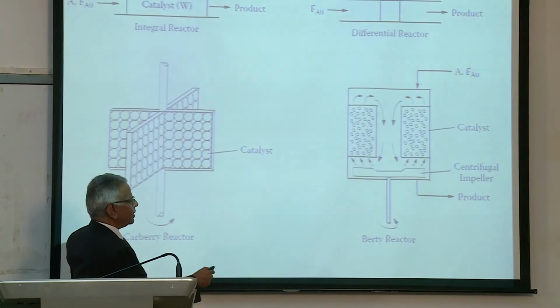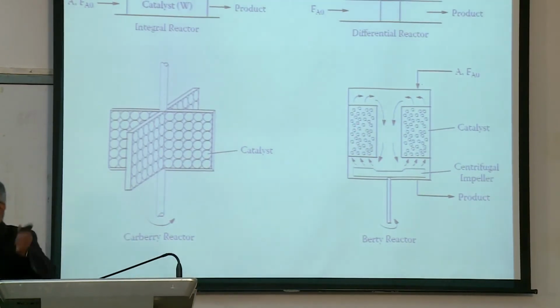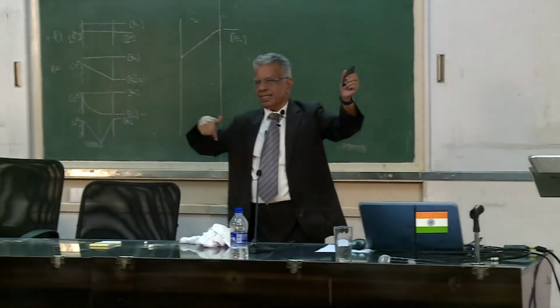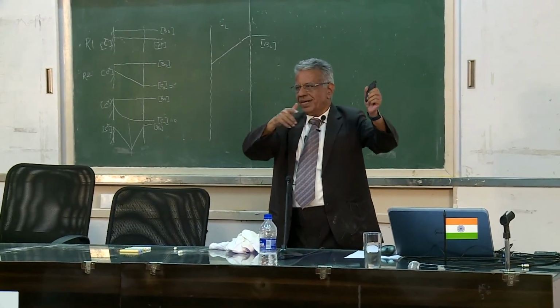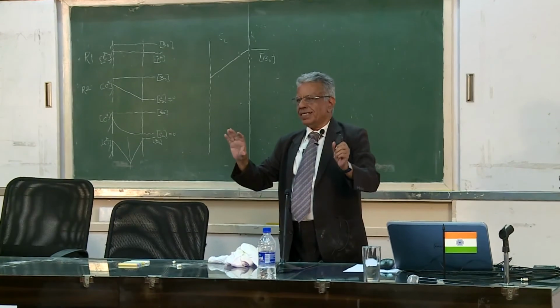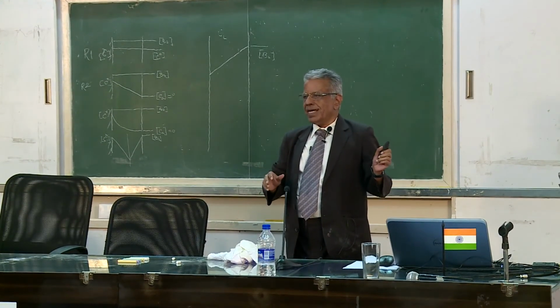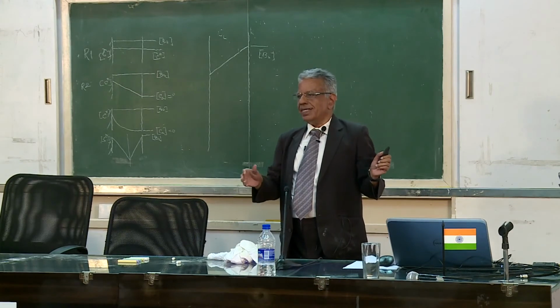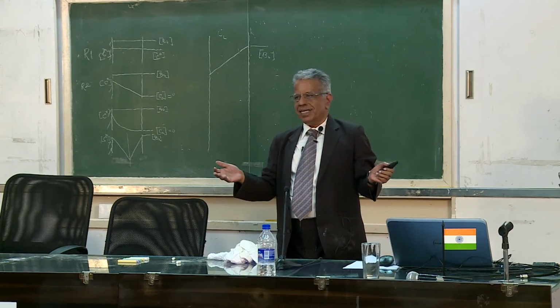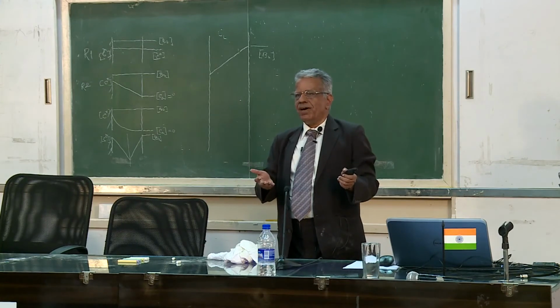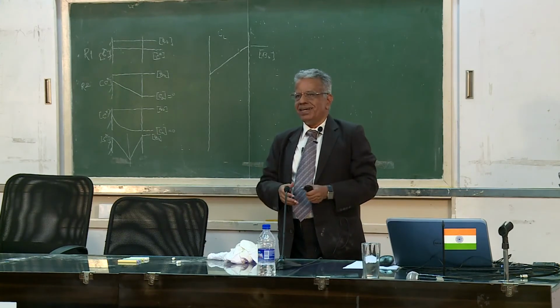Can you imagine this? There is a cylindrical vessel, there is an annular portion, and within the annular portion the solid particles are kept, all right. And the impeller design is in such a way that the upflow occurs in the annular region and downflow occurs in the central void, and it is called a Berty reactor.